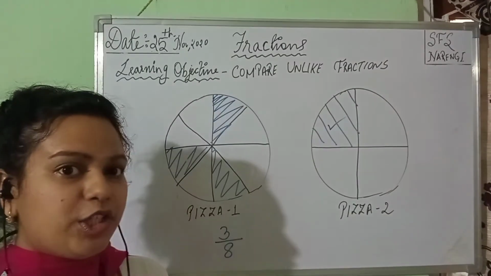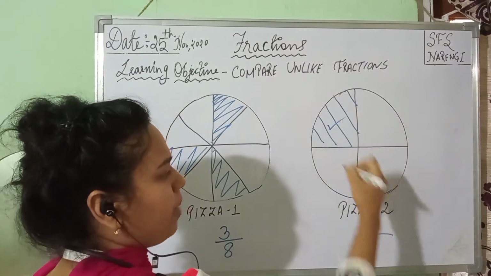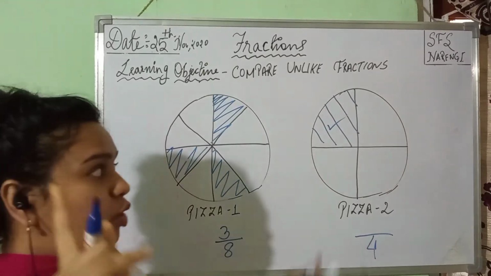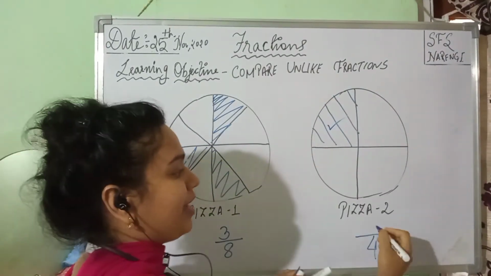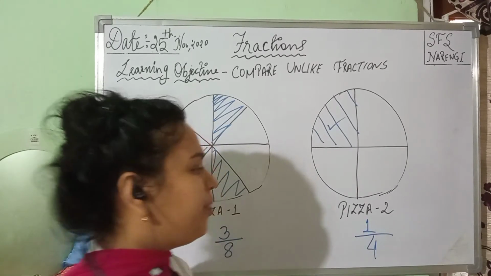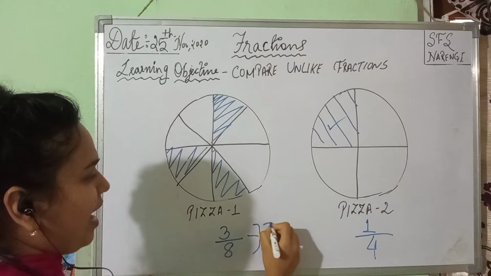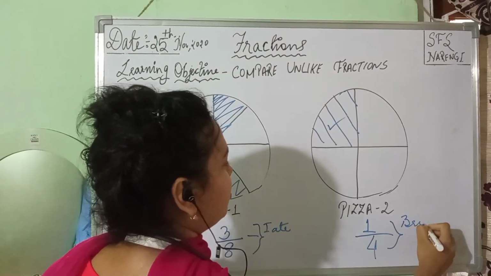So what is the amount of pizza he ate? Because there are 4 parts, the denominator is 4. And because he has eaten only 1 part of the 4-part pizza, what is the fraction that he ate? 1 by 4. Okay. So this is the fraction that I ate, and this is the fraction that my brother ate.